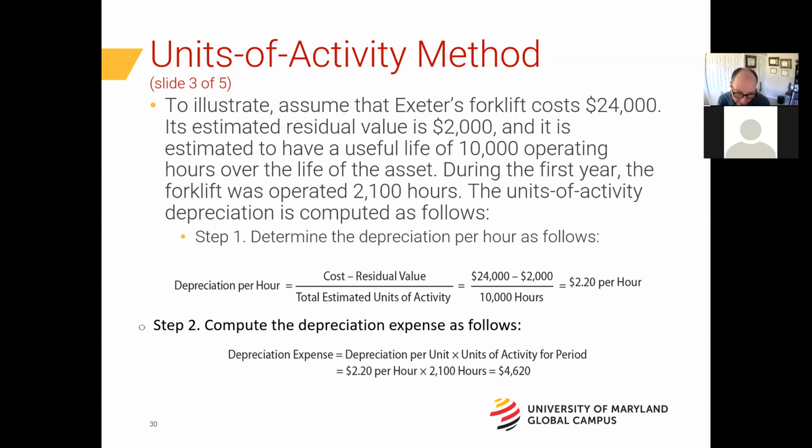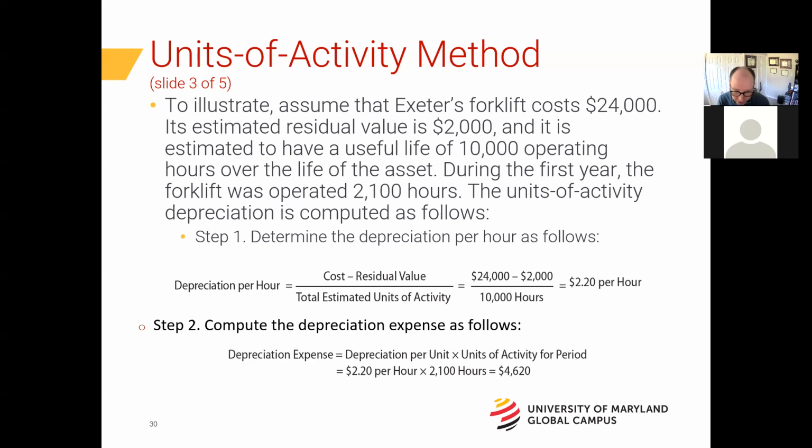Step 2 is I take my $2.20 per hour, and I multiply that by the number of hours I have used my forklift in that first year. I used my forklift for 2,100 hours in my first year.